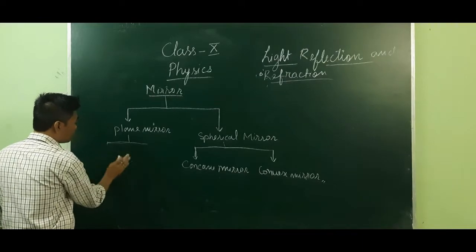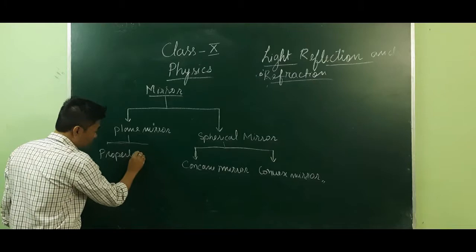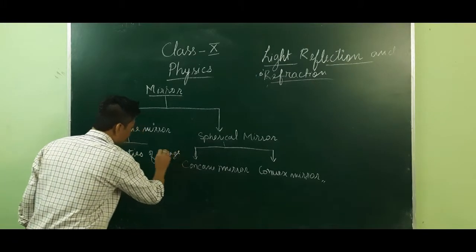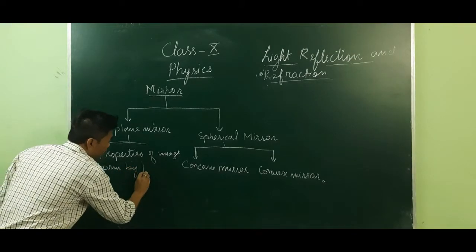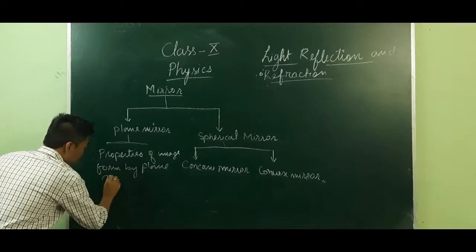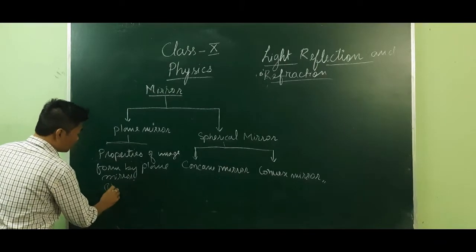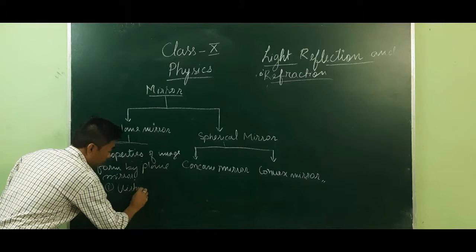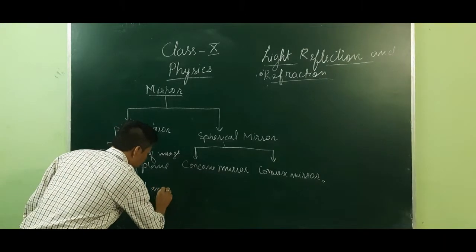So these are some of the properties of the image formed by the plane mirror. These things you need to remember. In the exams, it might ask for 1 mark. Number 1 property: the image is virtual, and a virtual image is always standing, which we call virtual and erect.